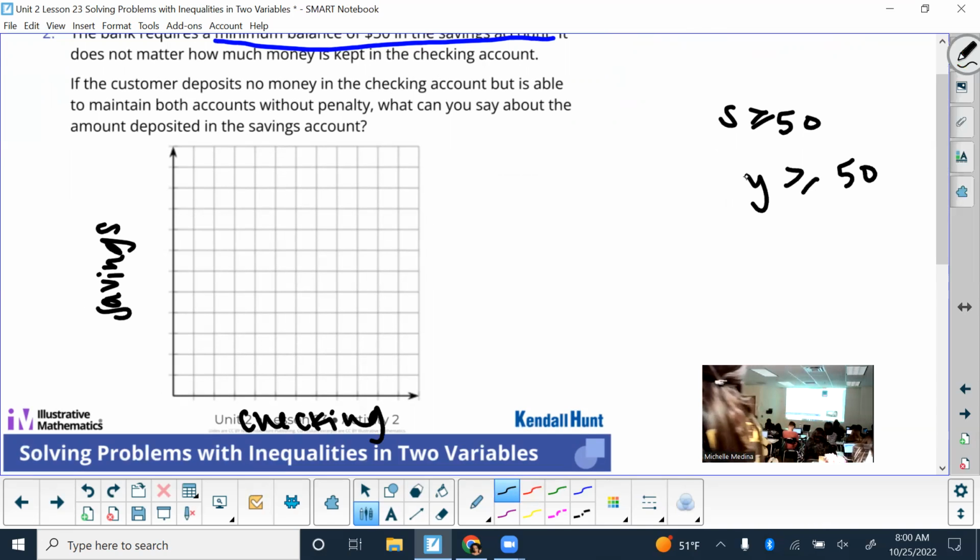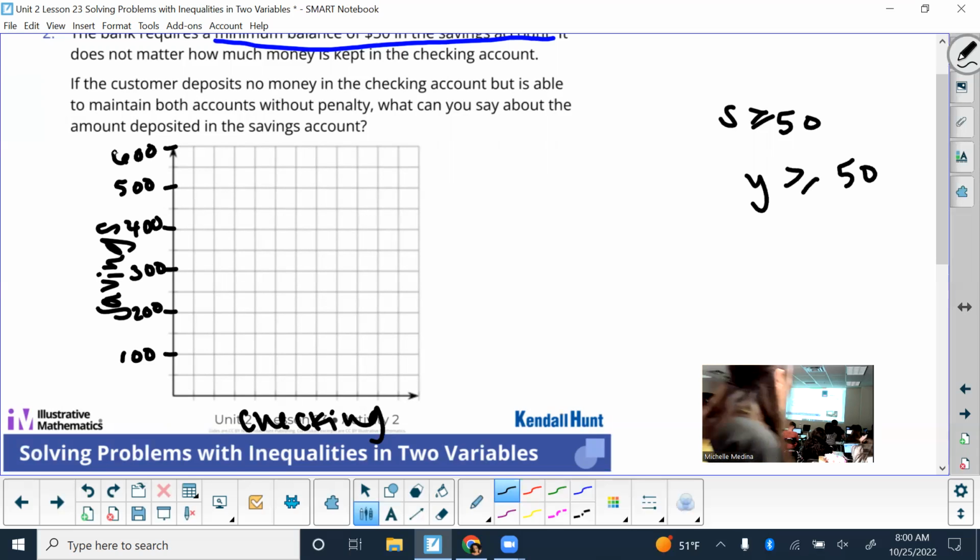In order to graph that, I'll use the same labeling as before. But this time she's depositing 0 money into her checking account. So think about what the graph would look like. Think about what we've done so far.